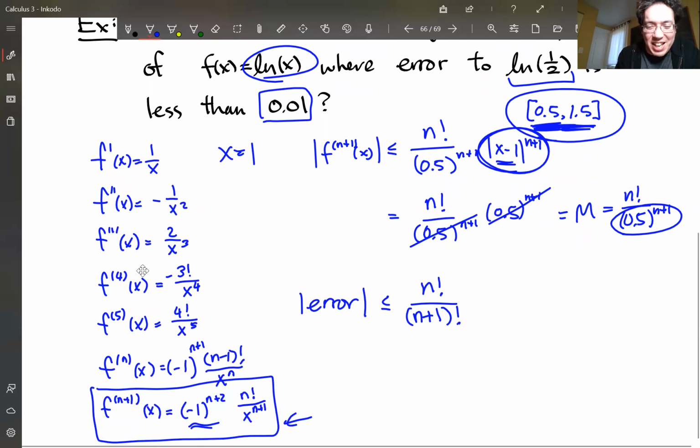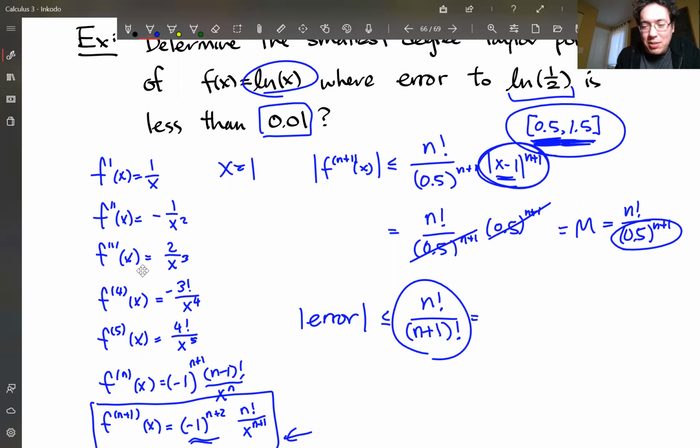Okay. So the error is going to be given by n factorial divided by (n plus 1) factorial, because everything else canceled out. (n plus 1) factorial is the same thing as (n plus 1) times n factorial. So this thing cancels as well.